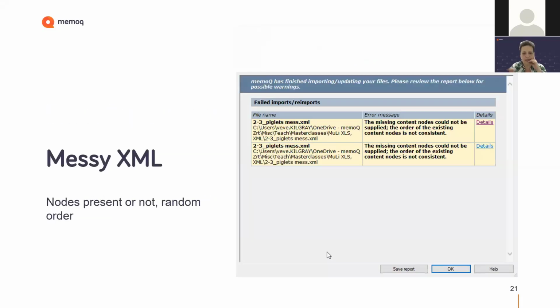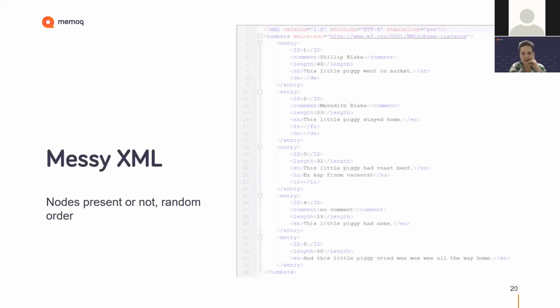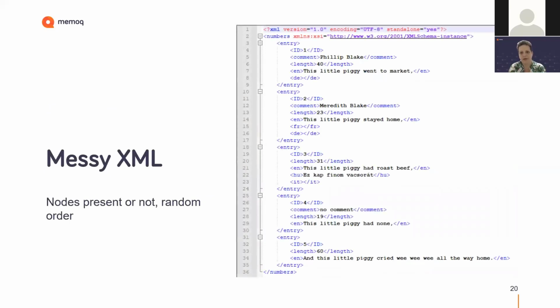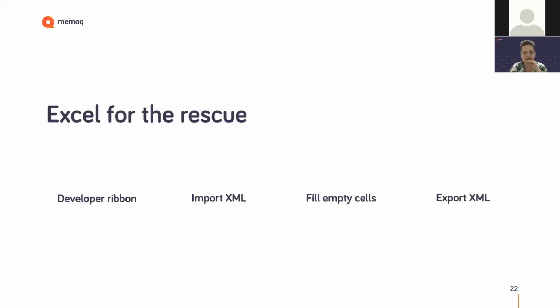Because basically this is kind of like a table already, and Excel can eat XML files. So that's what we are going to do: import the XML into Excel, fiddle with it a little bit, and then get a perfect XML.